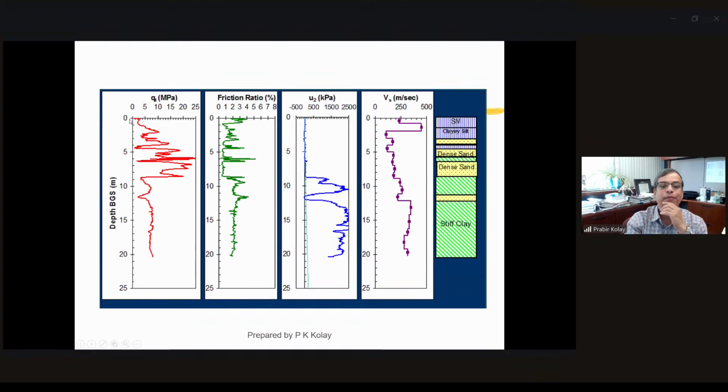Over here, the same thing, you see how much is the total. Obviously how much is the skin friction, how much is the shear velocity, you can find out from here. And how much is the pore water pressure you can also find out from this data.